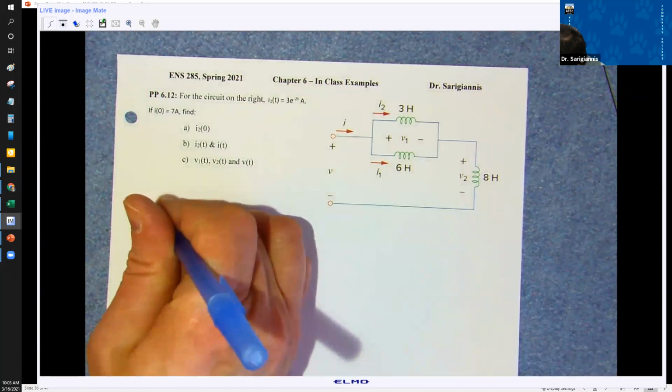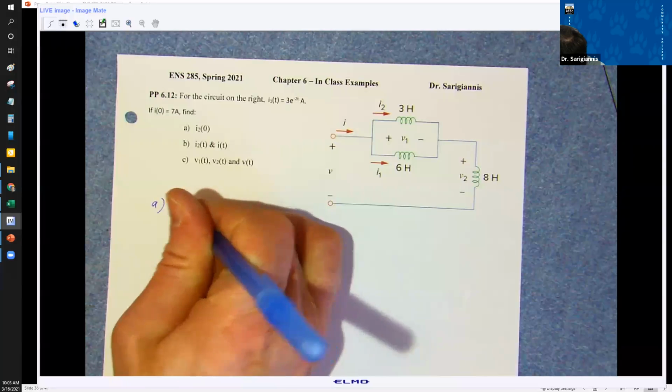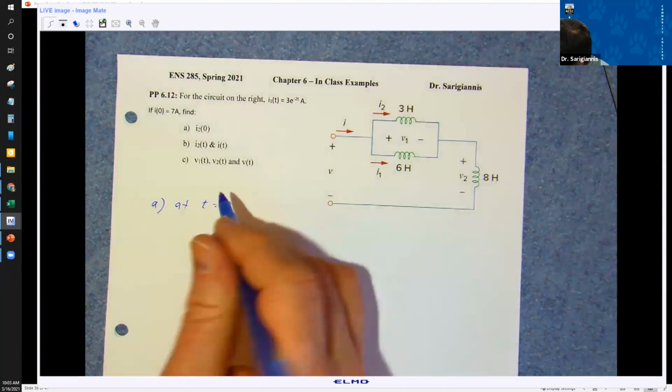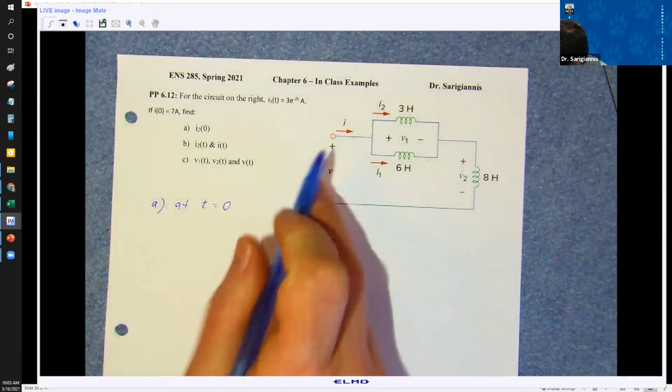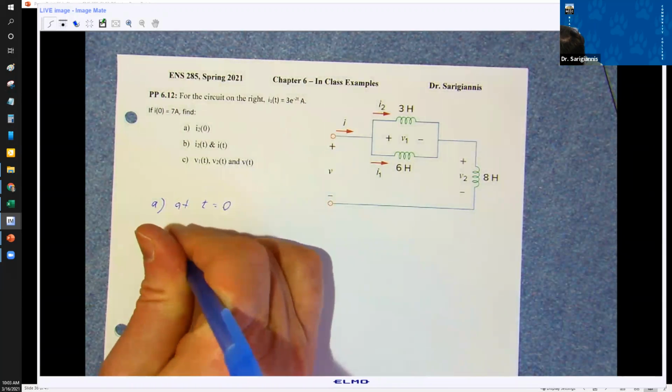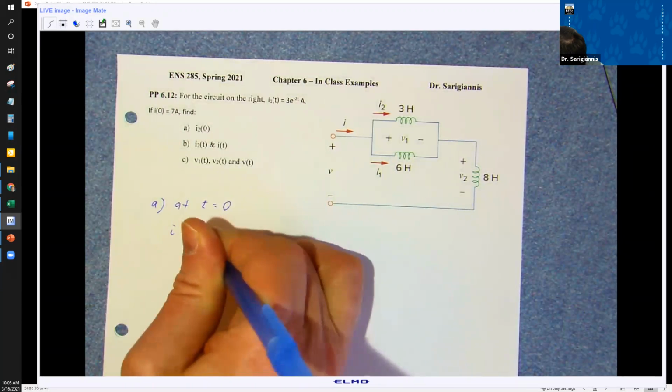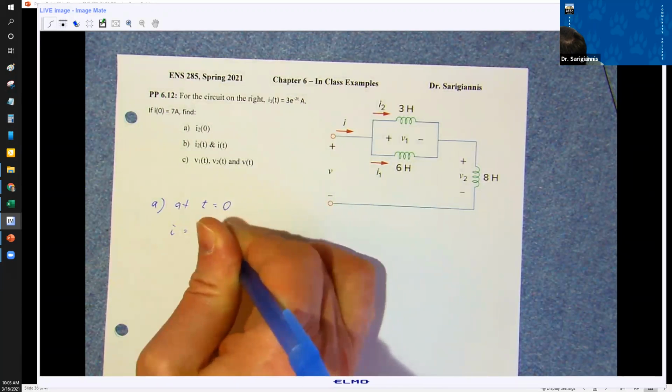So start with A. At t equals 0, the first thing we can write is that I equals I1 plus I2.